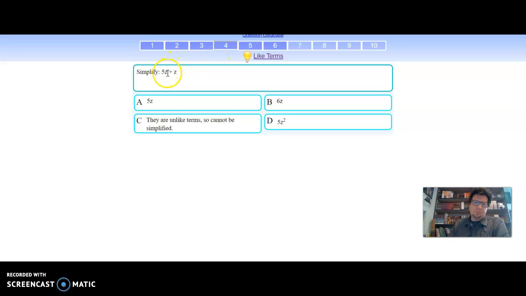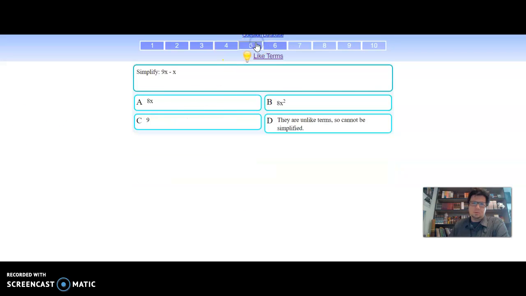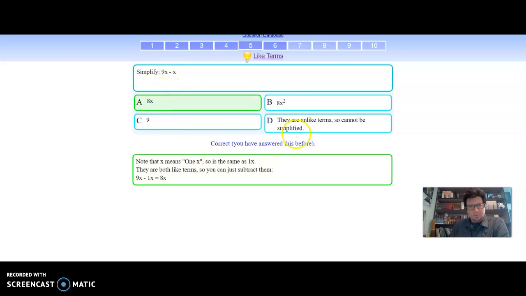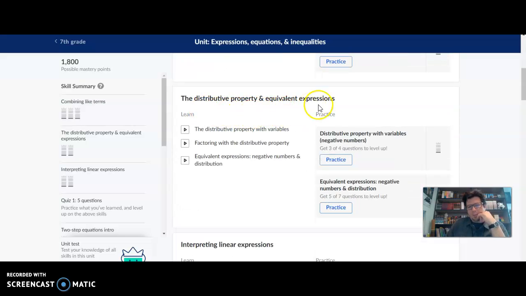Now 5z plus z, remember the z has a 1 in front of it, so that's going to be 6z. One more. Remember the x has a 1 in front of it, so 9x minus 1x is going to be 8x. So these are just examples of combining like terms and what you can do with it, why it matters. Now the second part of this is going to be the distributive property and equivalent expressions.